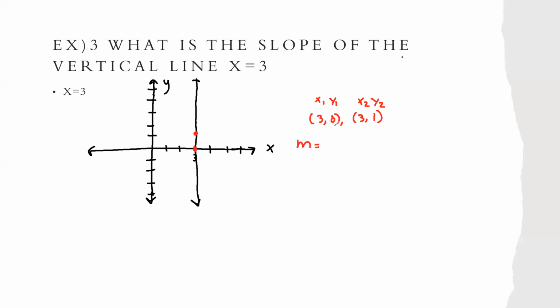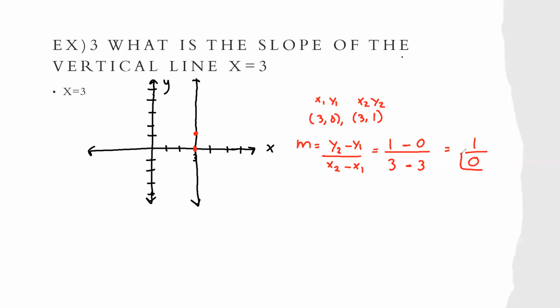My slope is y2 minus y1 over x2 minus x1. So y2 is 1 minus y1 is 0, and x2 is 3 minus x1 is 3. So you get 1 minus 0 is 1, and 3 minus 3 is 0.